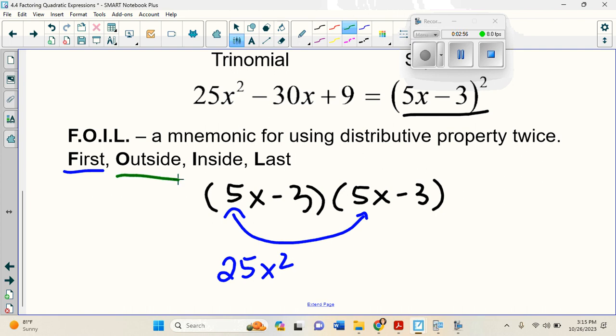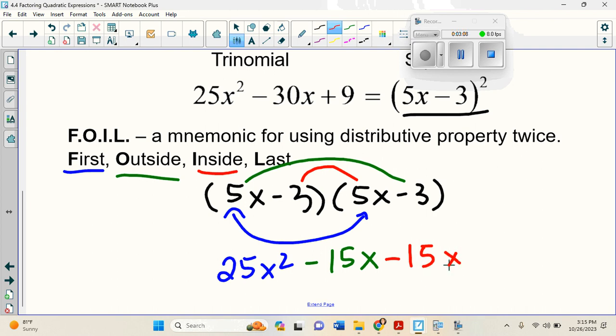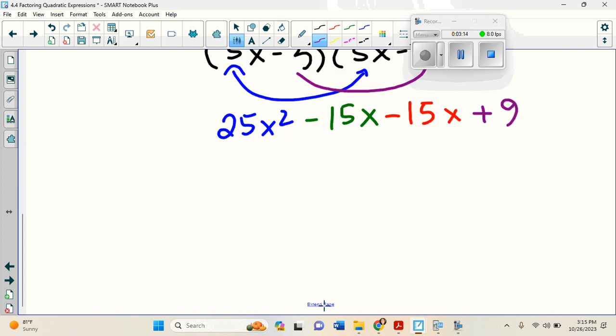Take the outer terms, 5x times negative 3, to get negative 15x. Inside is negative 3 times 5x, which is also negative 15x. And then the last would be negative 3 times negative 3, which is 9. Combining the like terms, we get 25x squared minus 30x plus 9.